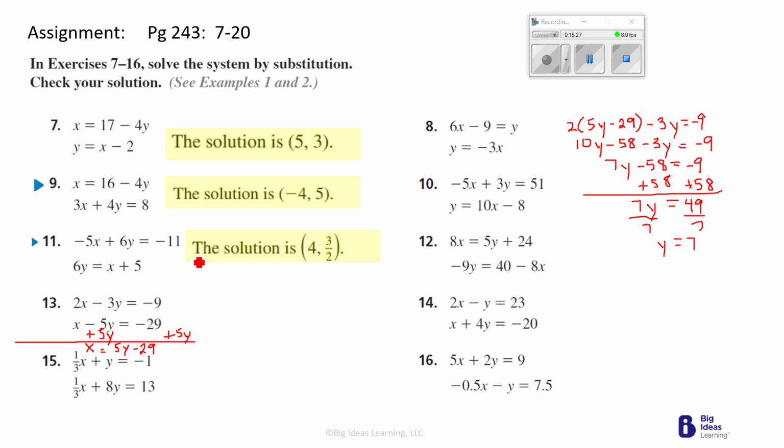So now I can go ahead and replace y with 7. I'm going to go to the second problem again right here and say if x is equal to 5y minus 29, well, that would be 5 times 7. Well, 5 times 7 is 35.